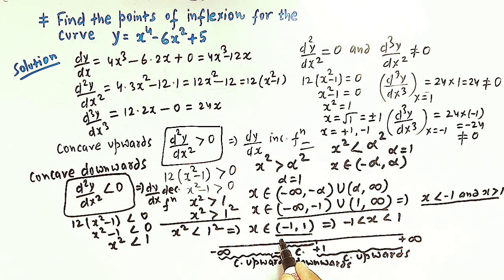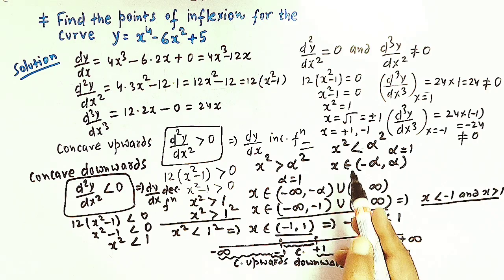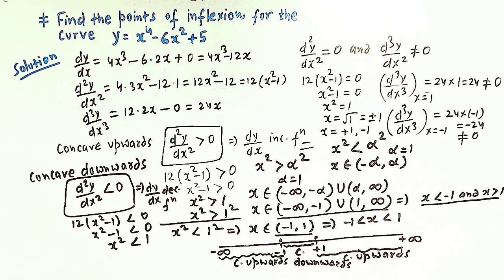And these 2 points, minus 1 and plus 1, are the points of inflection, right? So from this real number line we can easily conclude that the concavity changes at x is equal to minus 1 and x is equal to plus 1, which are the points of inflection, right?